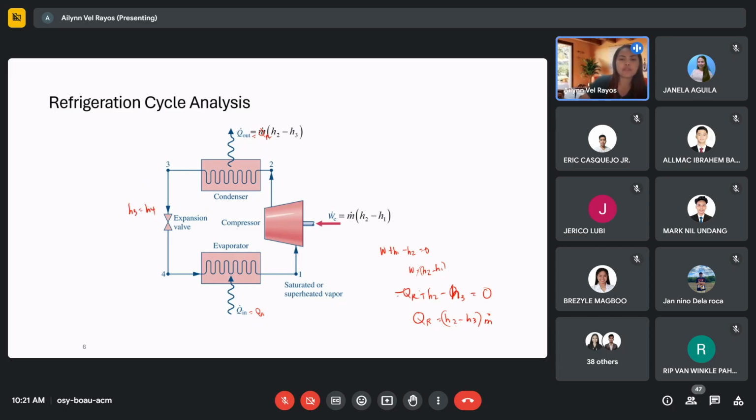And then, for the evaporator naman natin, QA papasok. So, QA papasok positive. Papasok H4 plus QA minus H1 equal to 0. So, therefore, QA natin is equal to H1 minus H4. Then, multiplied by the mass flow rate pag may mass flow rate.